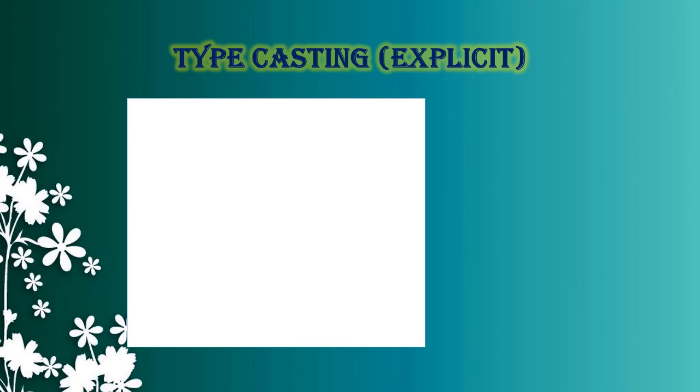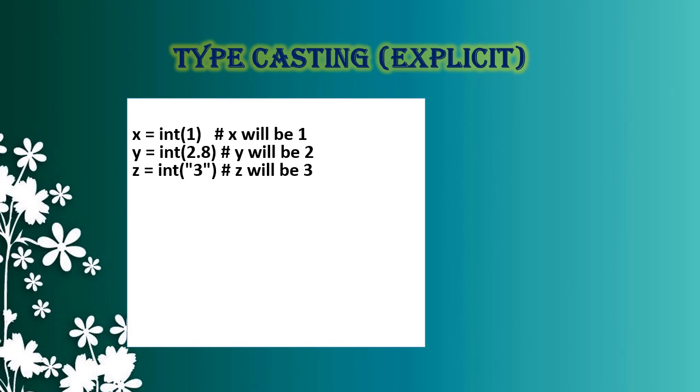So our example for explicit typecast: see that int of 1 will come as 1, and int of 2.8 is a float value, so the fractional part is skipped and 2 will come, and the string value 3 is also converted as integer 3.